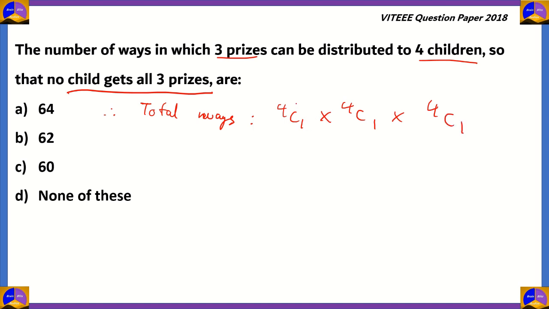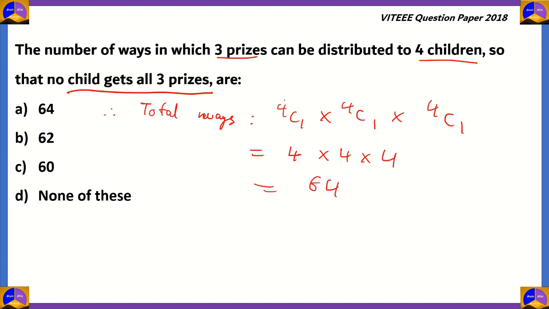So that basically means any of the 4 children can be given one prize, any of the 4 children can be given a second prize, and any of the 4 children can be given a third prize. So therefore, 4C1 gives you 4, and then that means total ways will be 4 times 4 times 4. That is equal to 64.